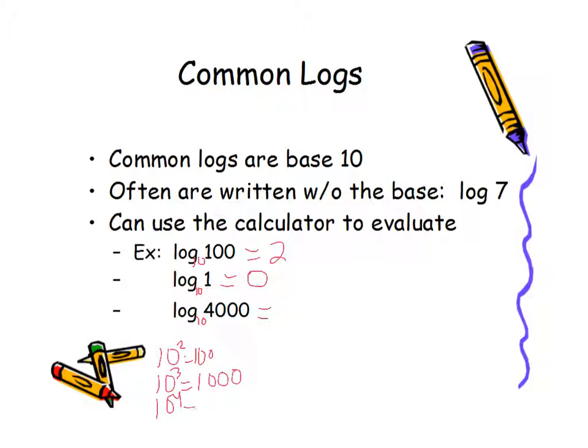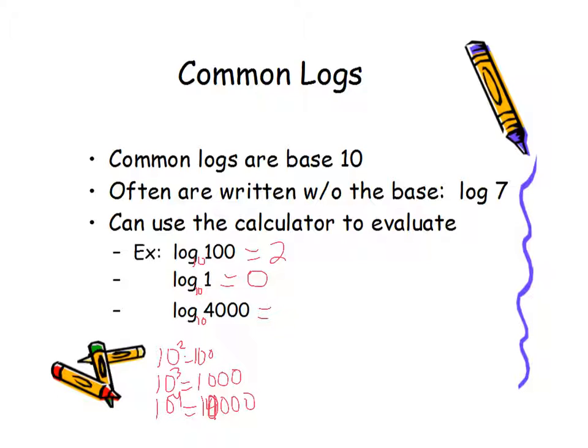And 10 to the 4th is 4,000. I'm sorry, no it's not. It's 10,000. I know then that the log of 4,000 is going to fall somewhere between a 3 and a 4. Let's try it on our calculator. If you do log 4,000, you get 3.6.